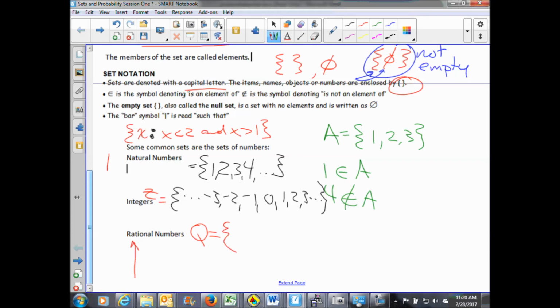And we say the rational numbers is the set of all a over b such that a and b are elements of the integers, and of course, b is not equal to 0. An easy way to say this would be that the rational numbers are the set of all ratios of two integers.